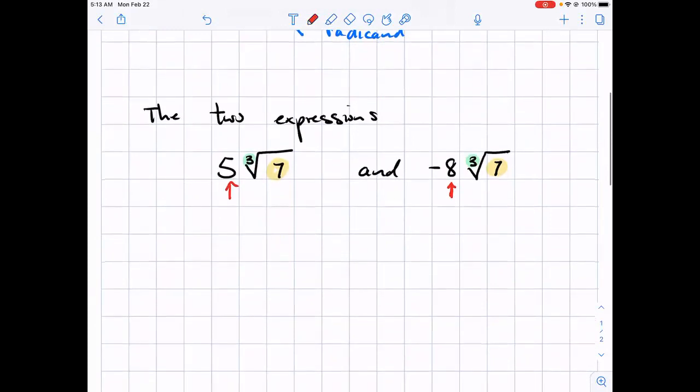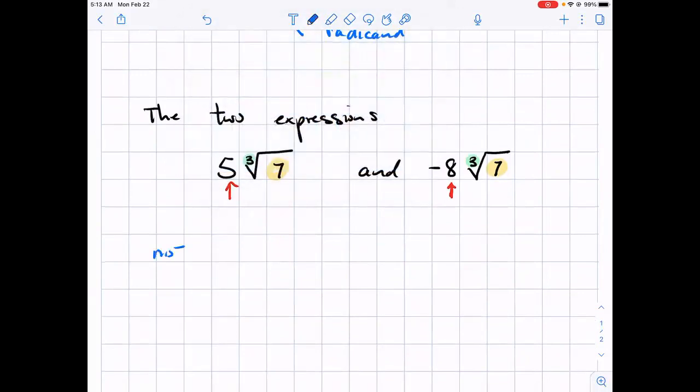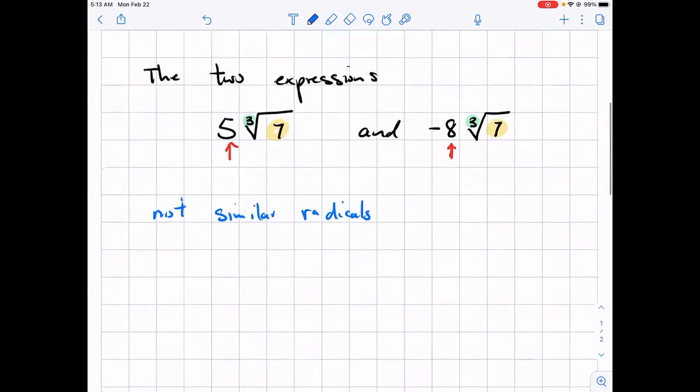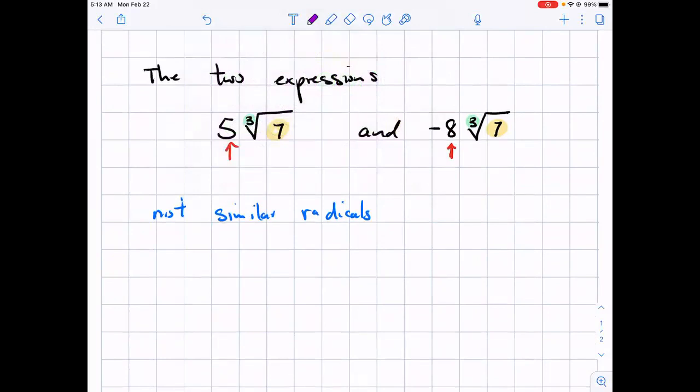So also, what is not similar radicals? If we have, for example, 3 times the 4th root of 5, and let's say we have 7 times the cube root of 5.